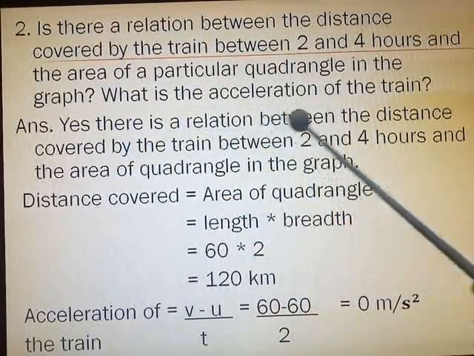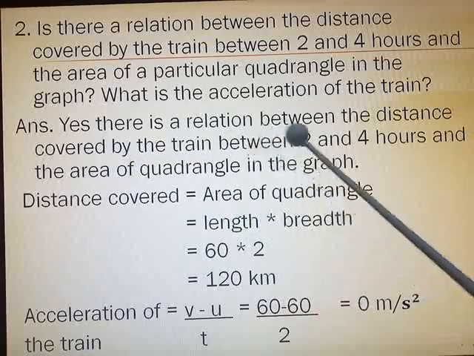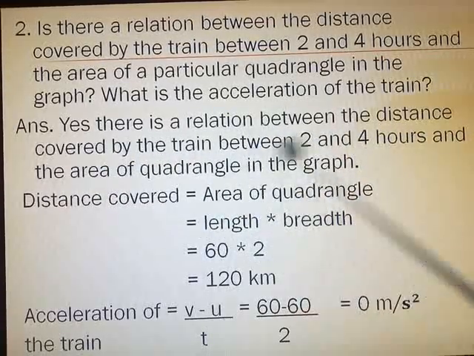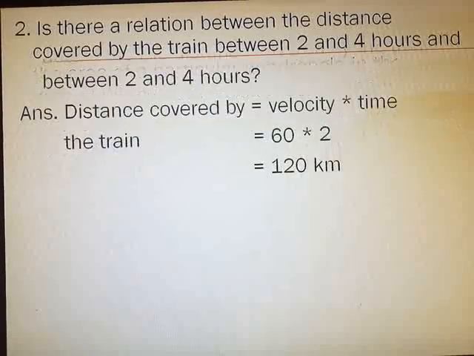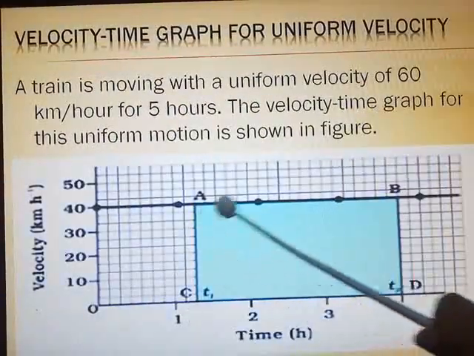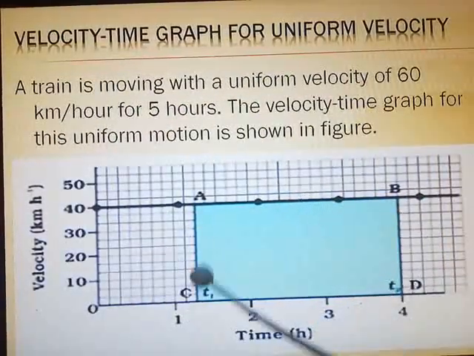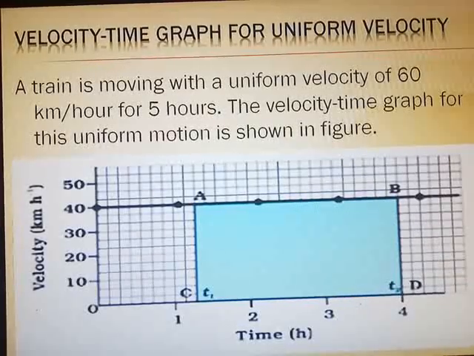Yes, there is a relation between the distance covered by the train between 2 and 4 hours and the area of the quadrangle. If you refer to the graph properly, you will come to know about the relation.